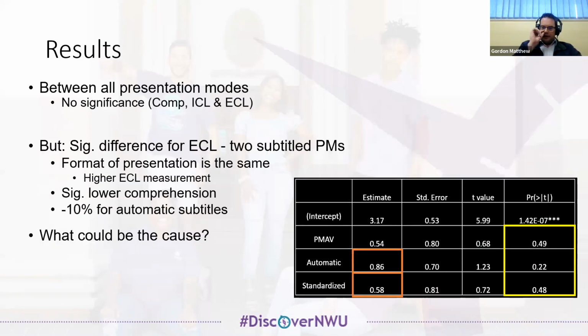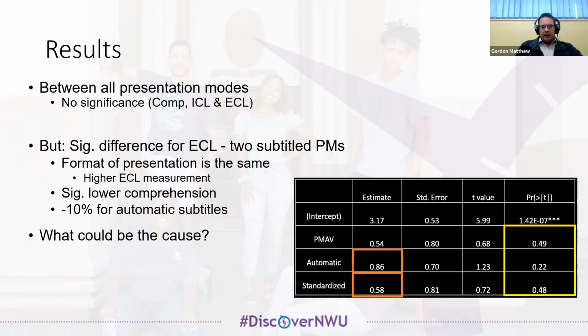So the first part of the results were that there's no significant difference in comprehension, intrinsic cognitive load, or extraneous cognitive load between all presentation modes. So between the video, the audio, and the 2 subtitle modes, there were no significant differences.